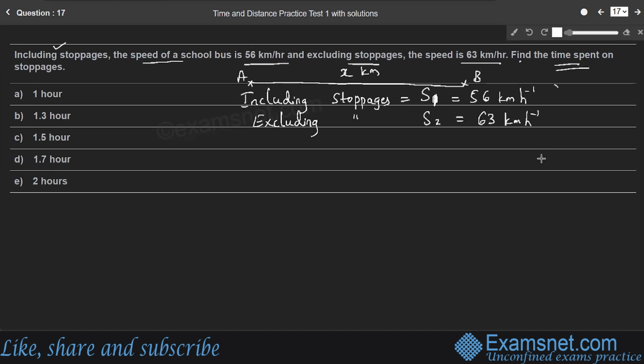What is the time spent on stoppages? For that, we'll consider time spent by the school bus, including stoppages and excluding stoppages. So first case, time spent including stoppages.